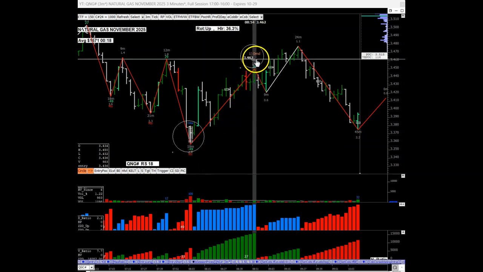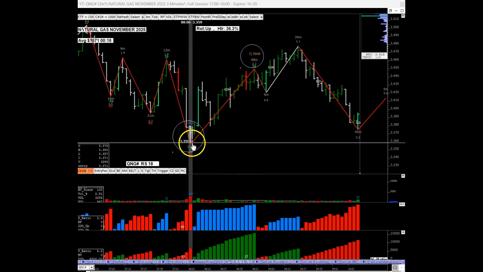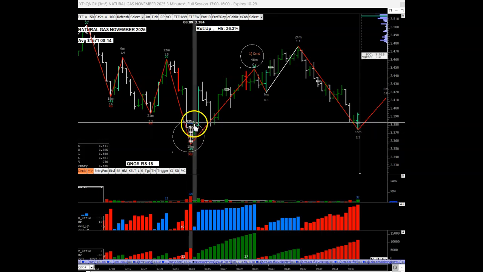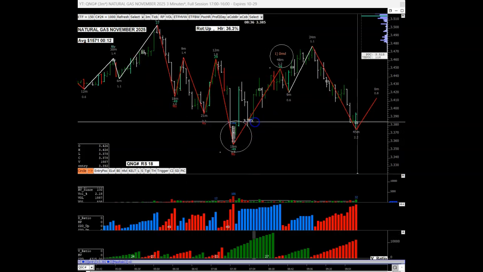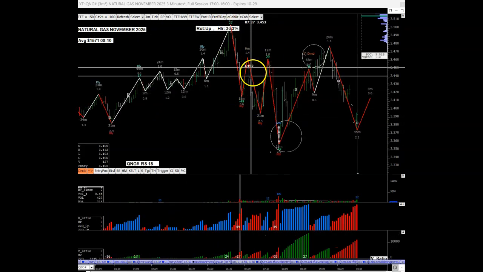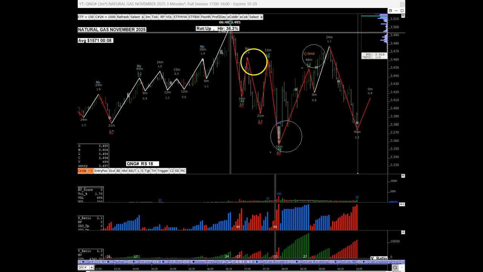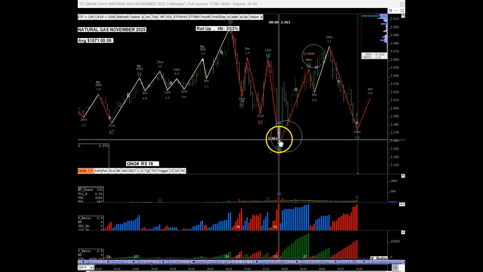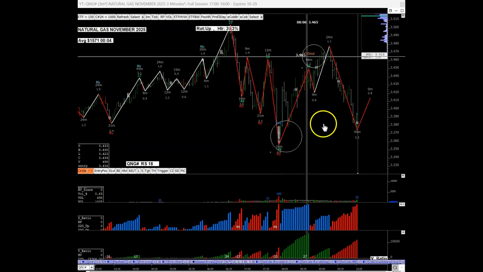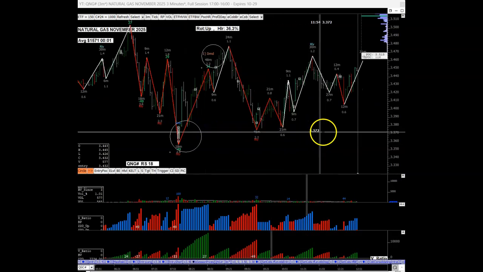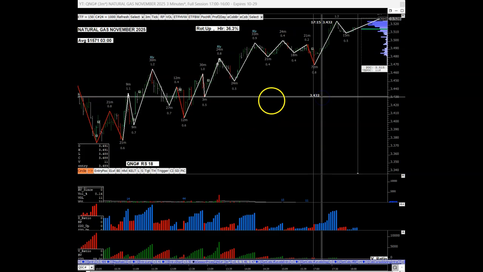Leading to demand. All right, so that is your stopping action. That stops the downtrend. Here's your downtrend. Stop the downtrend, rally the other way, pull back to test, and go higher. You see?